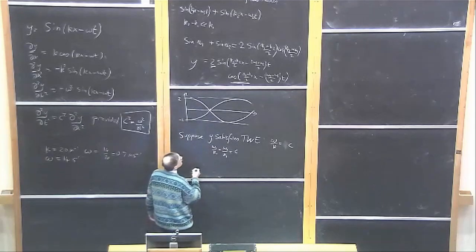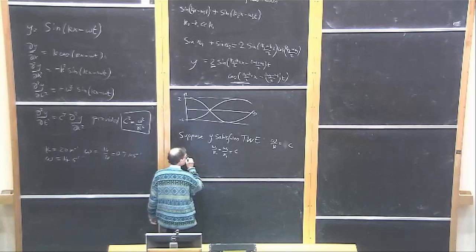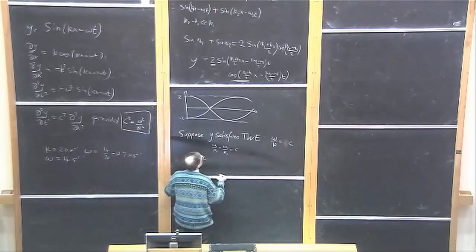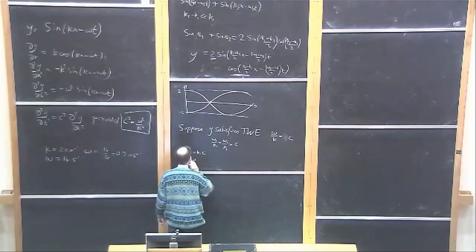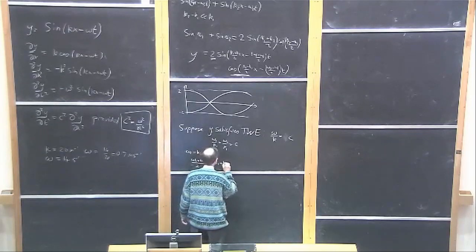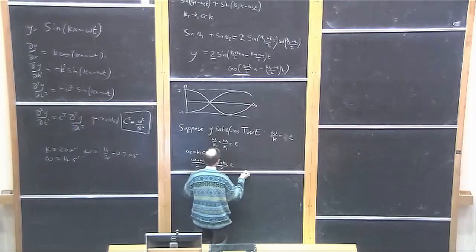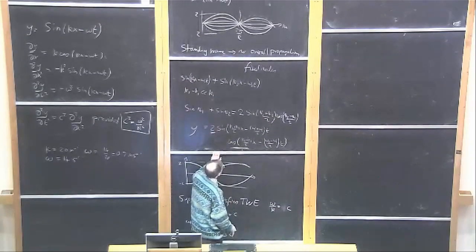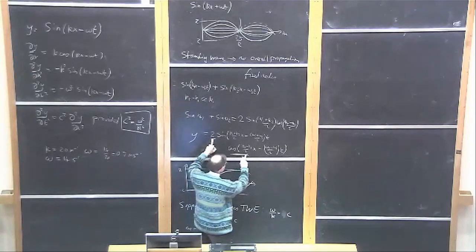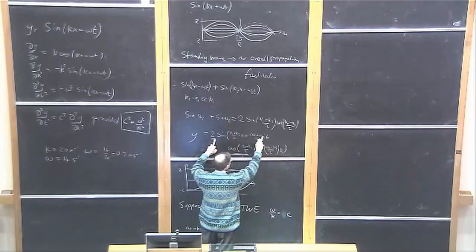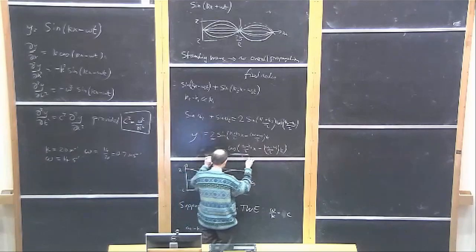So omega i equals k i c, and so (omega 1 plus omega 2) over 2 is (k1 plus k2) over 2 times c. And so the fast term here is propagating at (omega 1 plus omega 2) over 2 divided by (k1 plus k2) over 2.